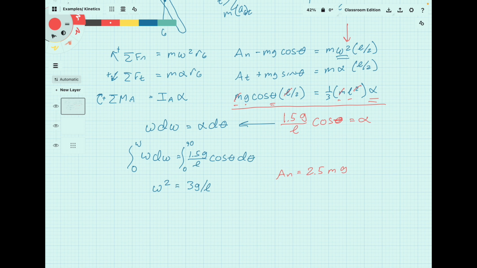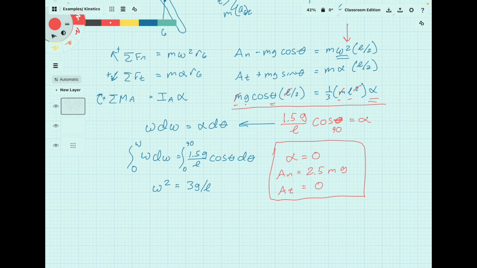Never had the mass of the bar, so can't really do anything there. AT is actually going to come out to be 0 because alpha is going to be 0. So all of that just to take the cosine of 90 and say that it's 0 basically. But yeah, that ends up being the final solution there.